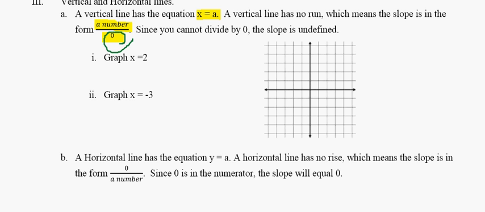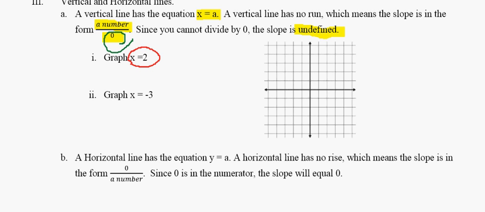The denominator of the slope is 0, which we all know you cannot divide by 0, which makes the slope of a vertical line undefined. Okay, because a vertical line has no run, it only rises, the run is 0, which means you have a 0 in the denominator, which means you have an undefined slope.